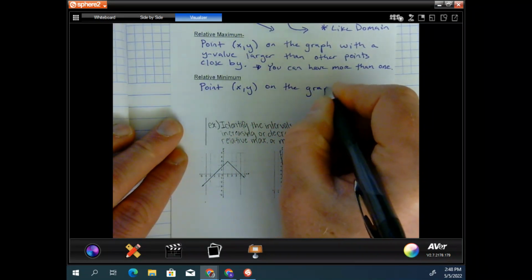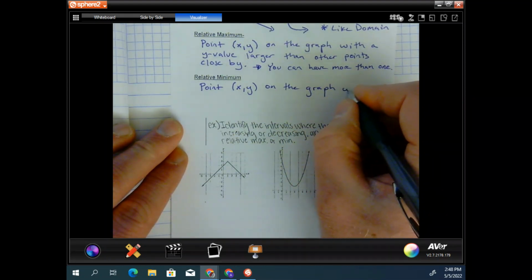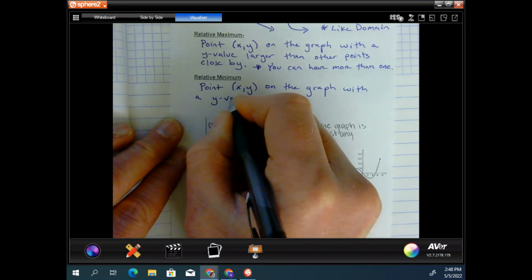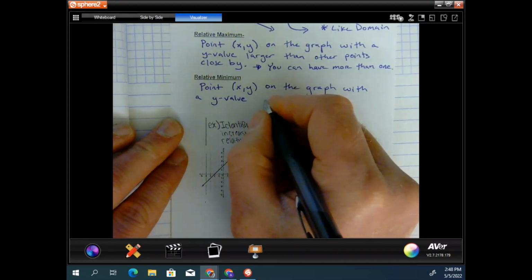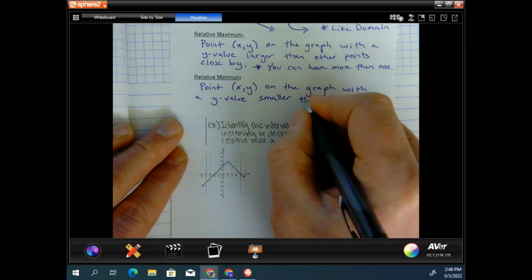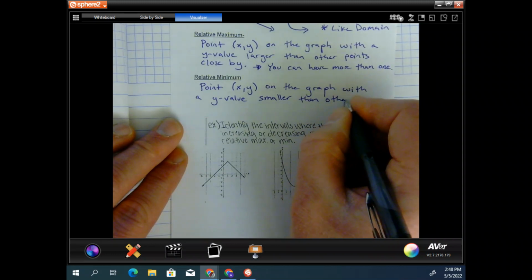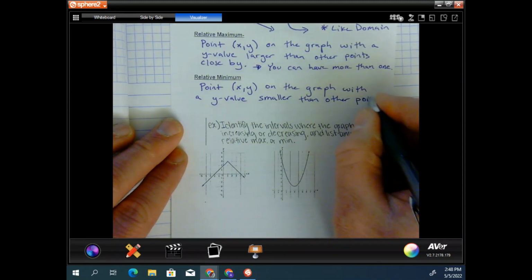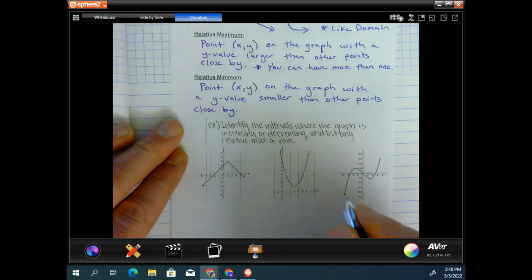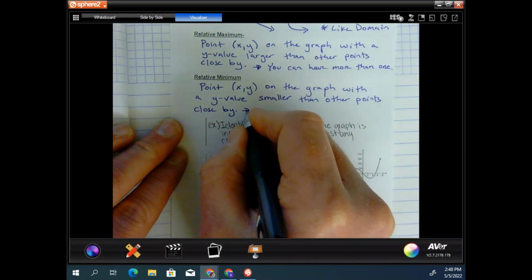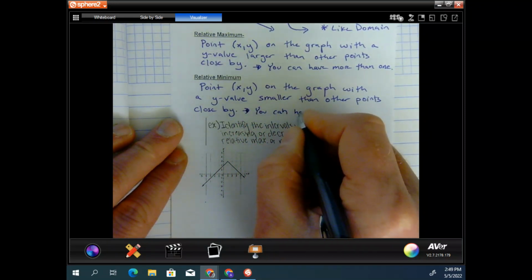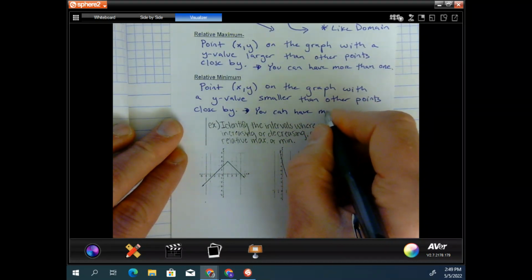It's the point on the graph with a y value smaller than other points close by. Once again, you can have more than one.